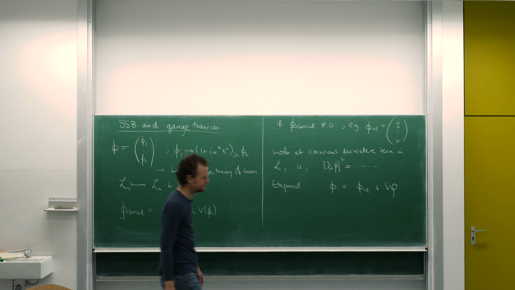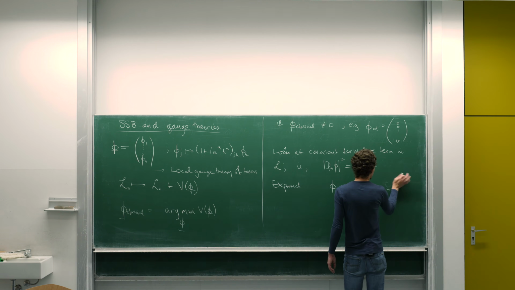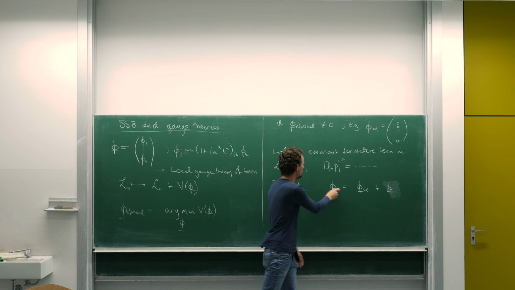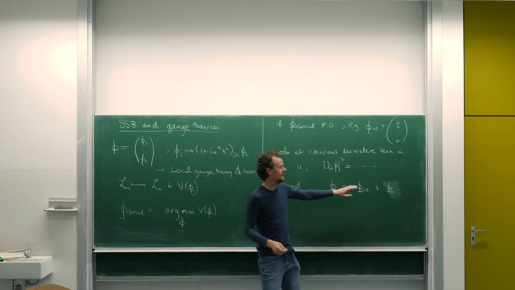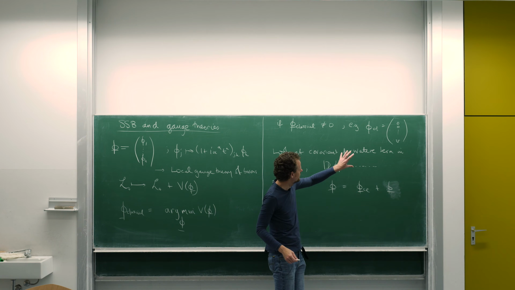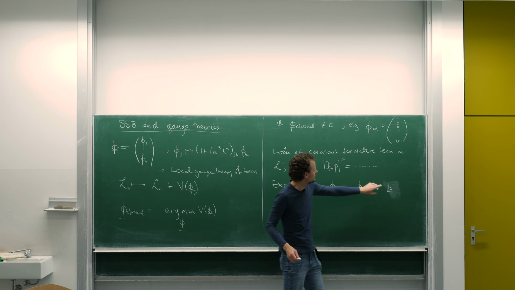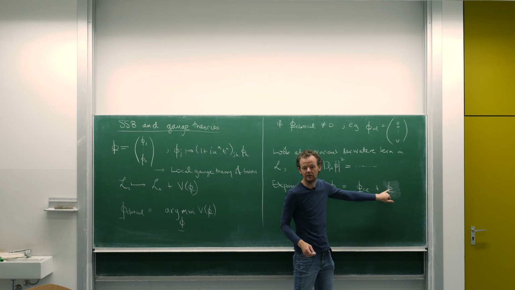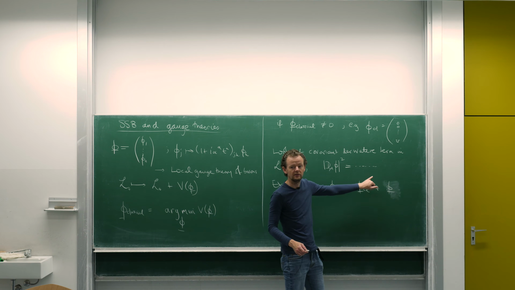I'll just write phi. So we expand this covariant derivative term in powers of this small fluctuation field around this.